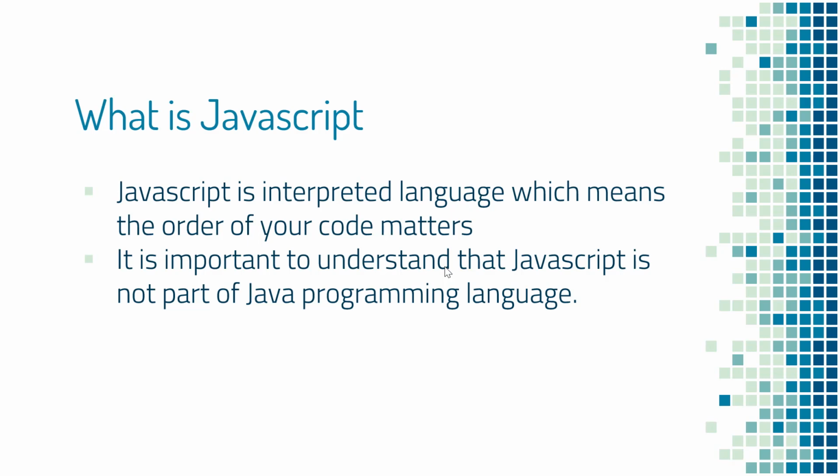For example, Java is considered a compiled programming language. When we say compiled, that means you will write your code, then you will compile your code and generate some binary code that you can just consume on the devices that are going to be used by your computer, your application.